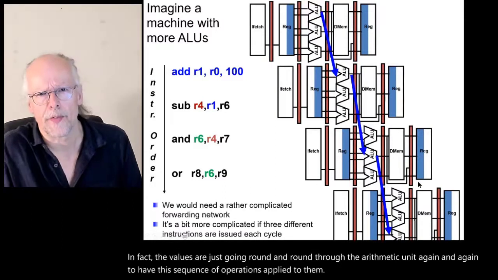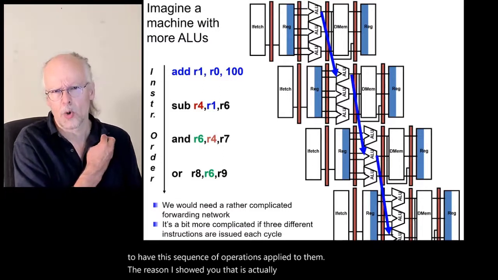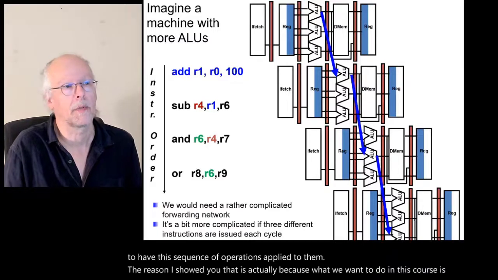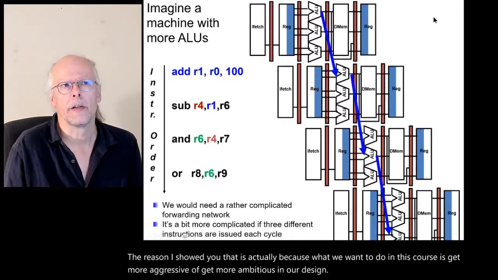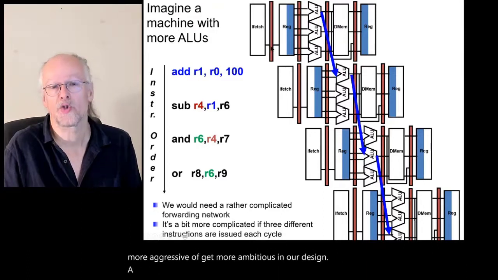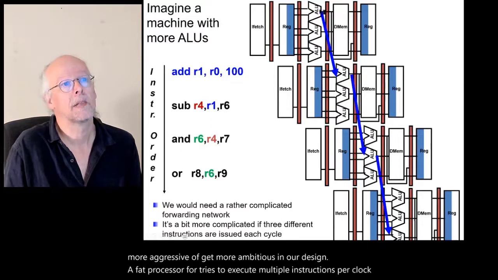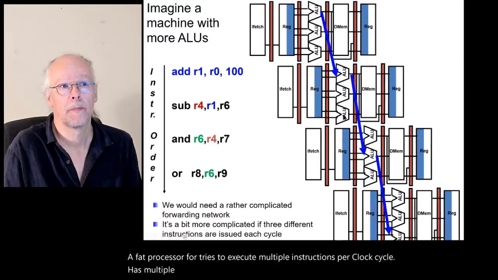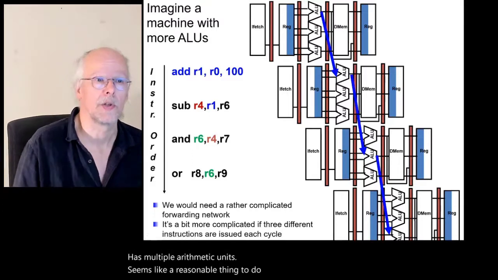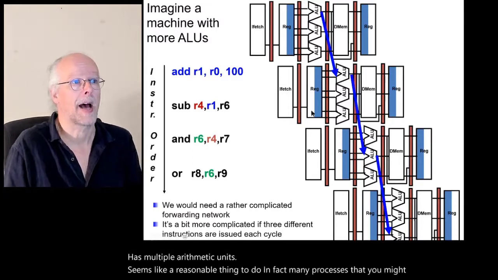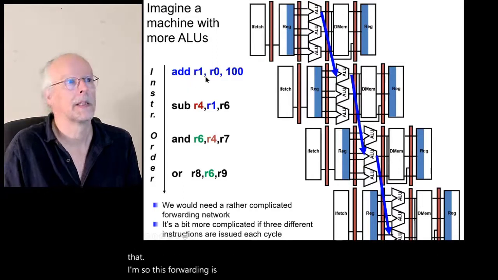The reason I showed you that is because what we want to do in this course is get more aggressive, or more ambitious in our design. Imagine a fat processor that tries to execute multiple instructions per clock cycle, has multiple arithmetic units. Seems like a reasonable thing to do. In fact, many processors that you might buy do exactly that. So this forwarding is going to get a bit more complicated.